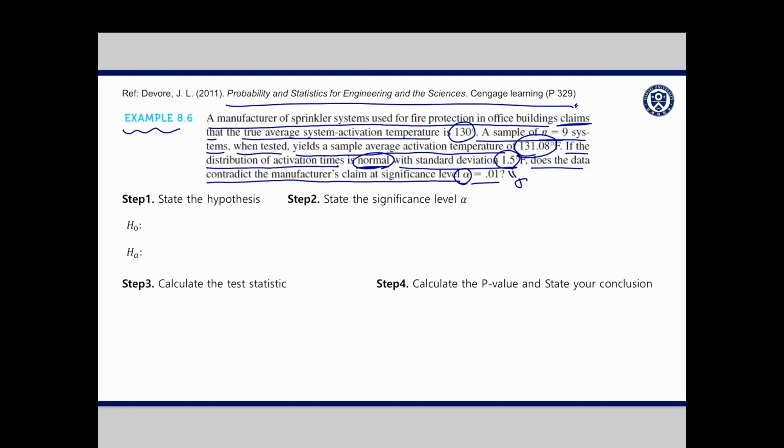In this example, the manufacturing company claims that the average temperature of the system is 130 degrees. Therefore, the null hypothesis H0 is mu equals 130, and the alternative hypothesis is mu is not equal to 130. That is the two-sided test.